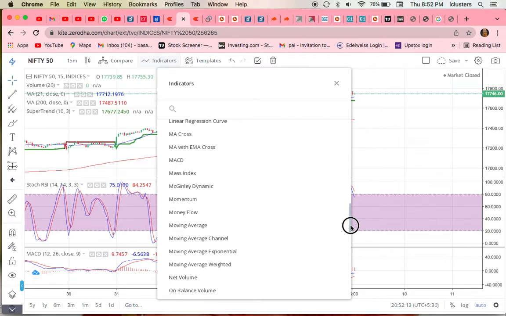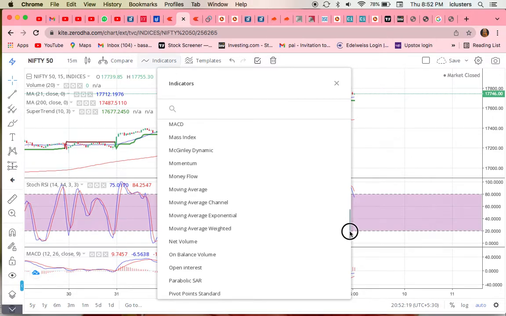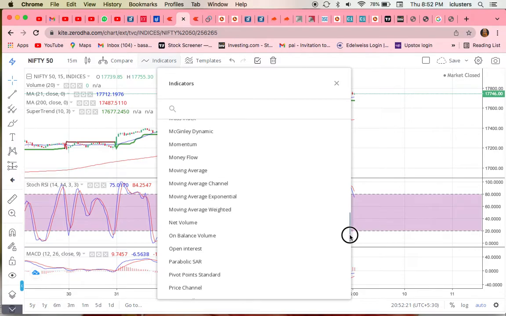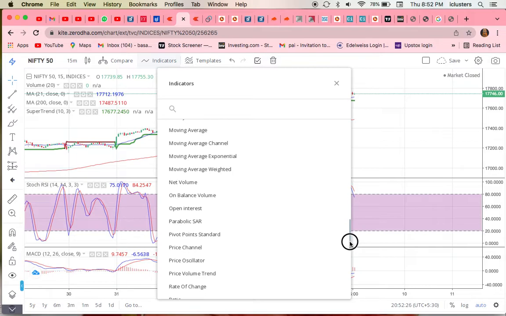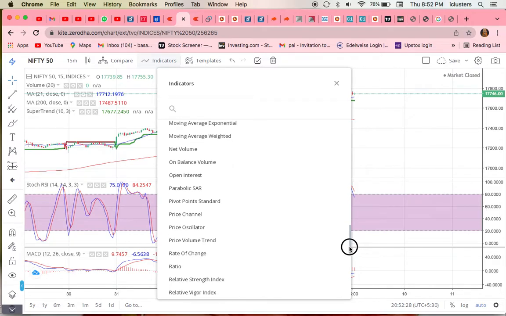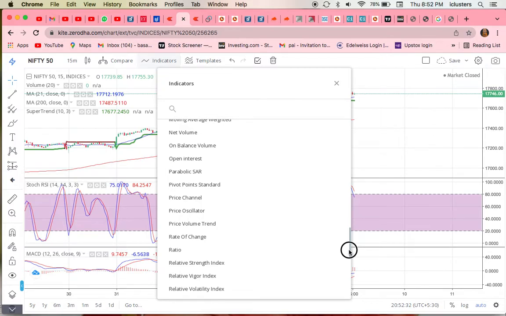Moving averages will help to predict what may be happening in the next 10 minutes, 15 minutes, half an hour or 1 hour.